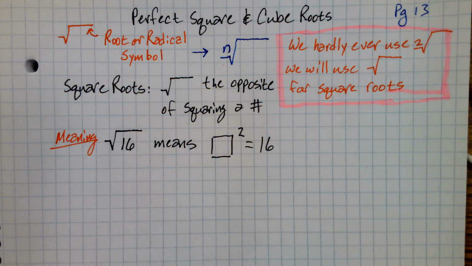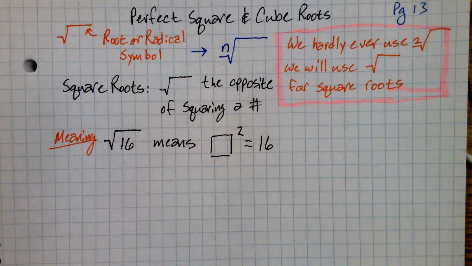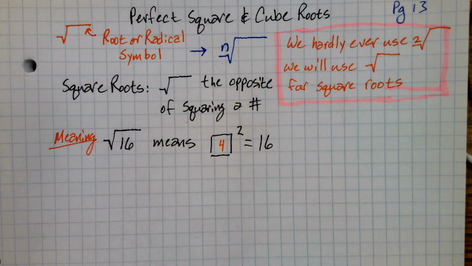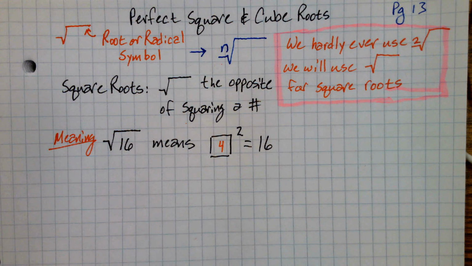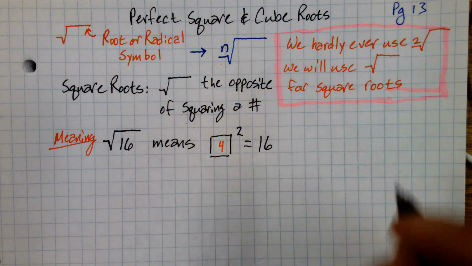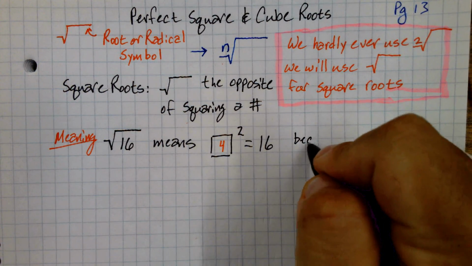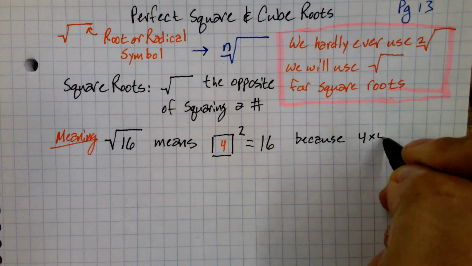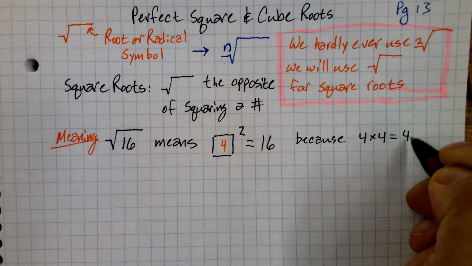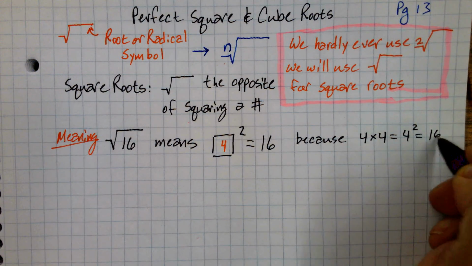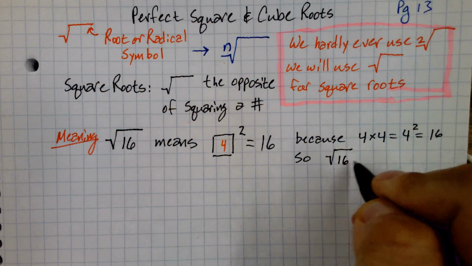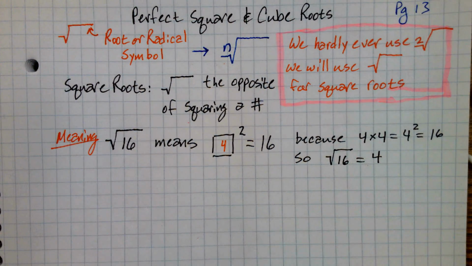That's really what it means. What number to the second power equals 16? 4. Because 4 times 4, which is 4 squared, equals 16. So the square root of 16 is 4.